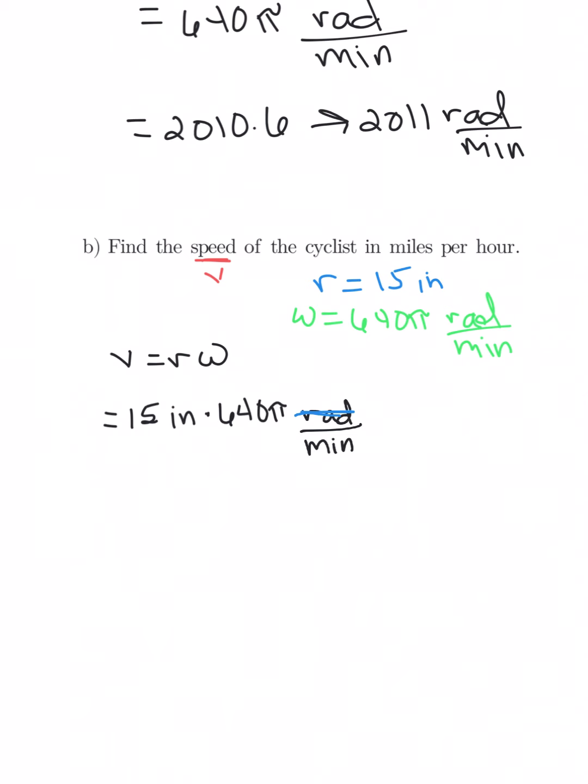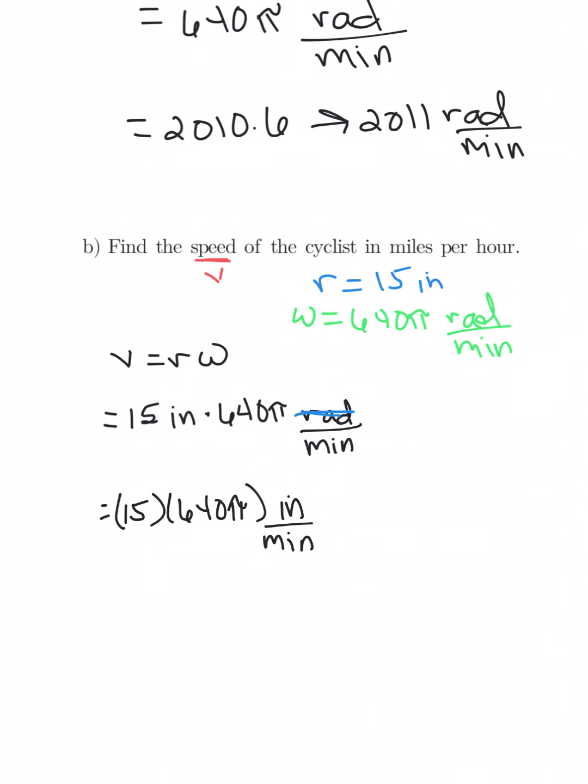So that's taken care of. Look at what we want for our label: we need miles per hour. So at this point, we have 15 times 640 pi, and we have inches per minute.